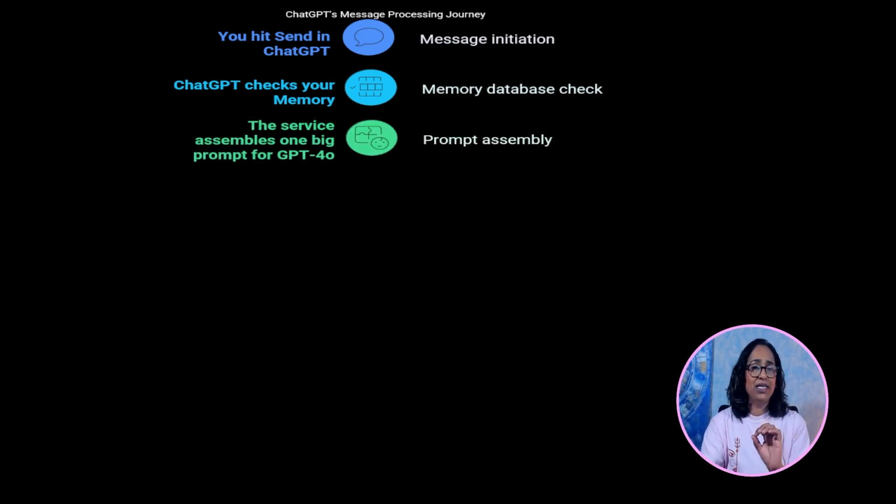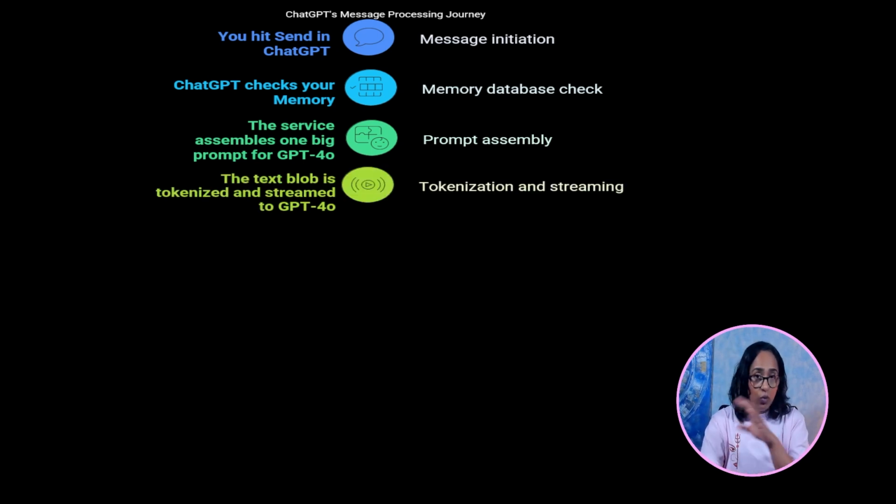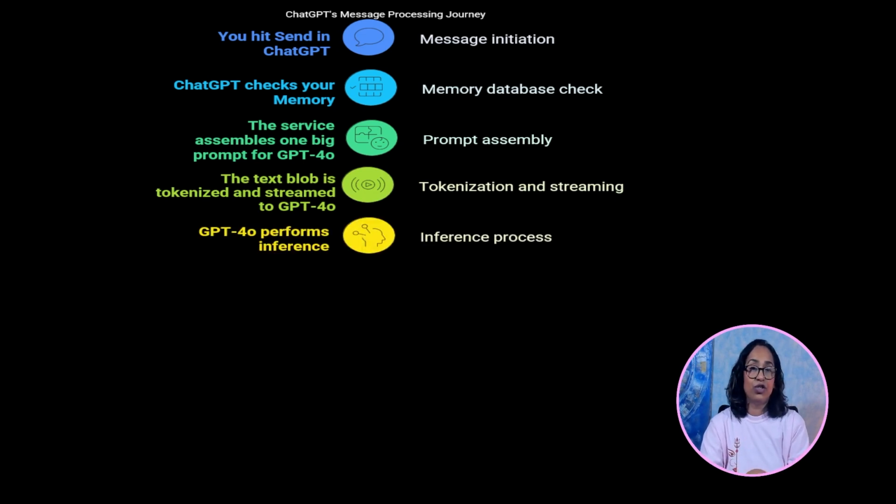And remember, GPT or any AI tool tokenizes your prompt when it vectorizes it. So once that text blob is tokenized, it goes to the next part, which is inference.